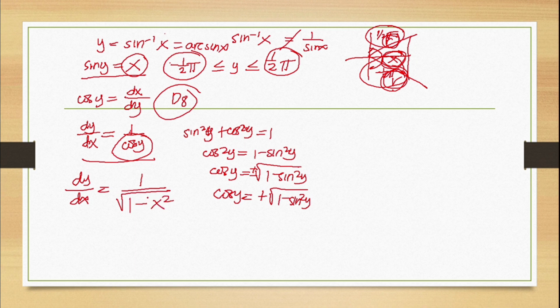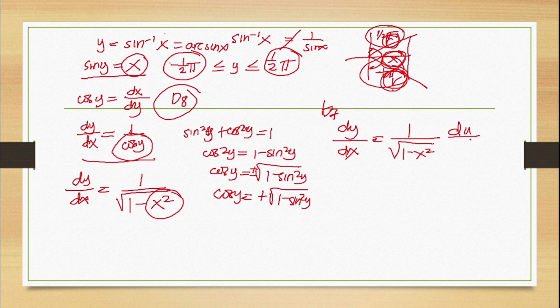Take note that sometimes u is differentiable with respect to x, so by the use of the chain rule, dy over dx is equal to 1 over the square root of 1 minus u squared, and we need to find the derivative of u with respect to x, so du over dx, because u is differentiable to x.